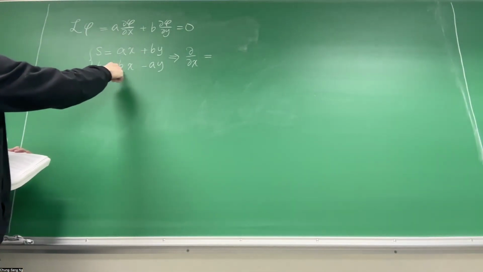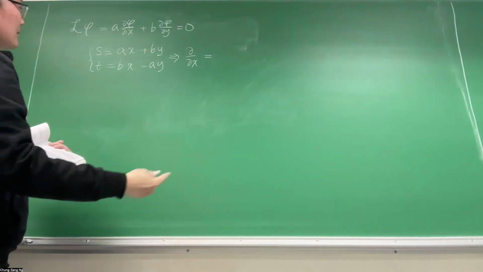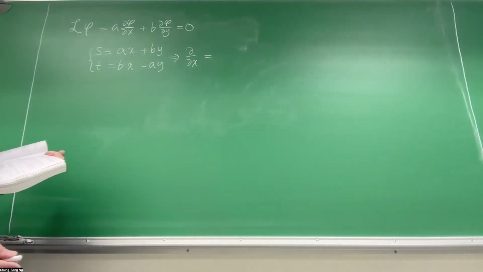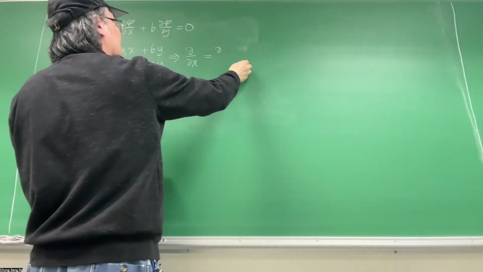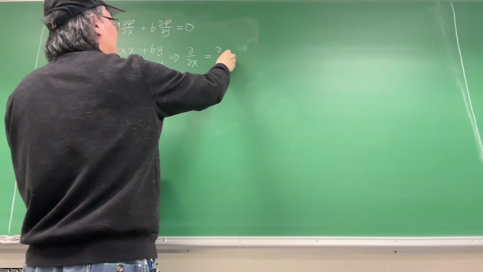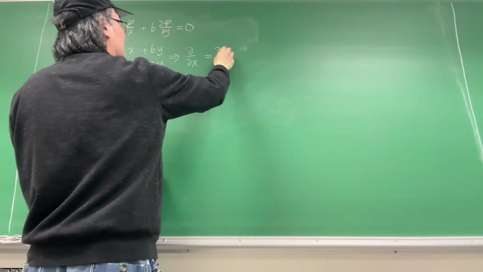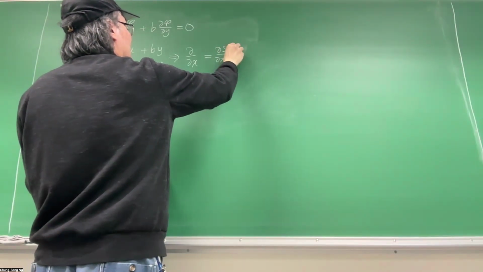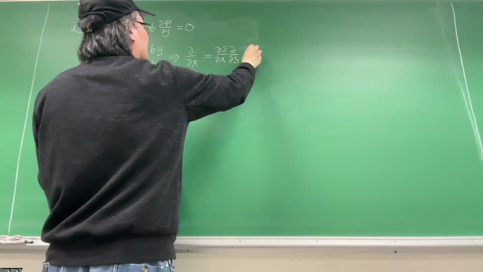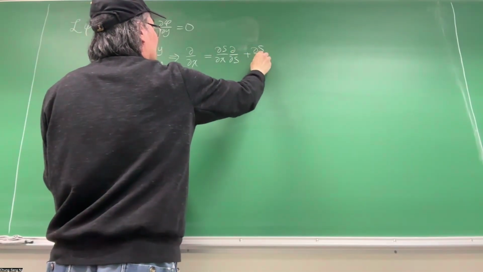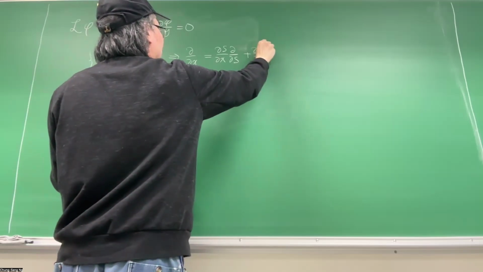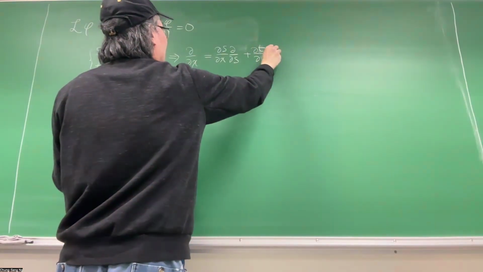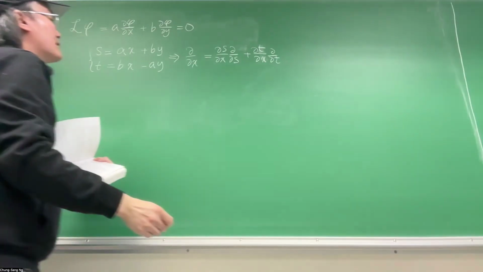This is a linear equation. x is a function of s and t, and we need to do some kind of chain rule: partial s, partial x, partial s, and partial t, partial x, partial t, right?